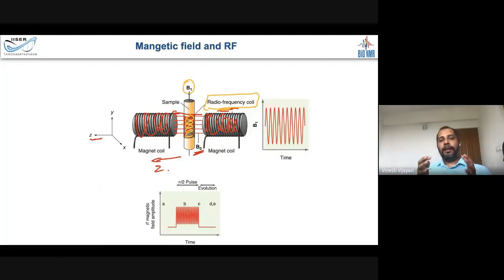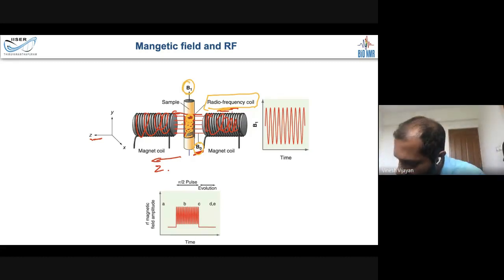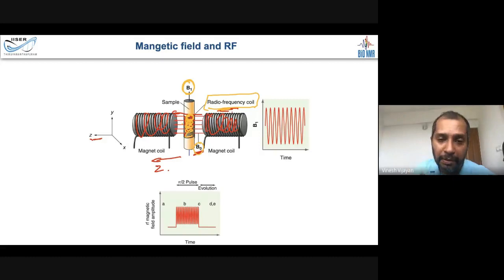So in NMR instrumentation, this is what we are doing. We apply a constant magnetic field B0, and then perpendicular to it, we apply another magnetic field, which is the radio frequency. The radio frequency has a magnetic field because it's an electromagnetic radiation, and that magnetic field is B1. This is going to be perpendicular to your B0 field.